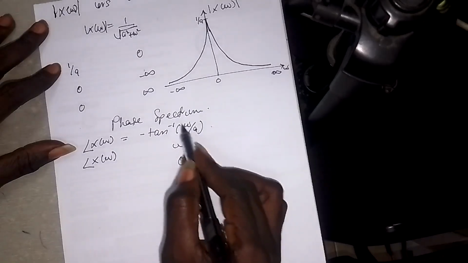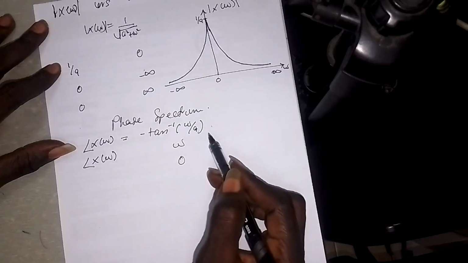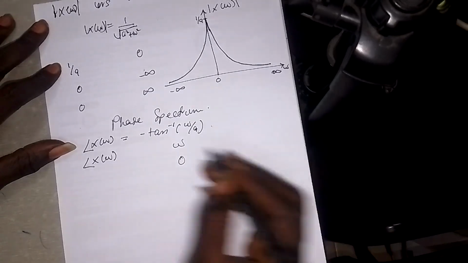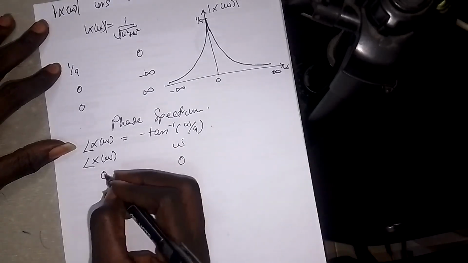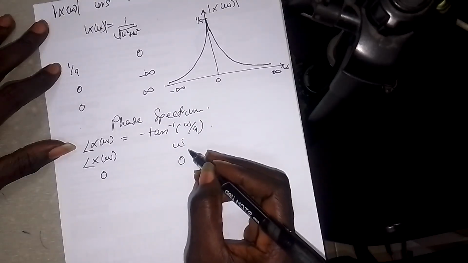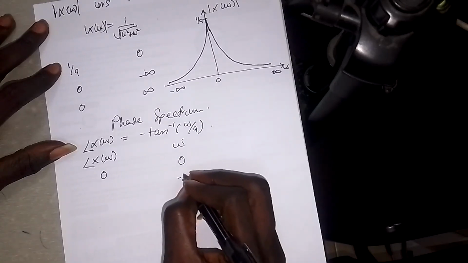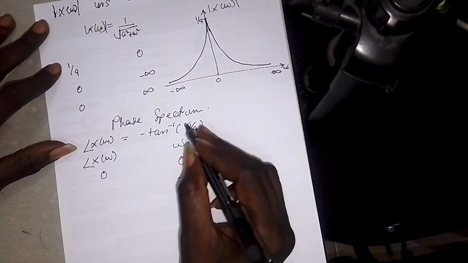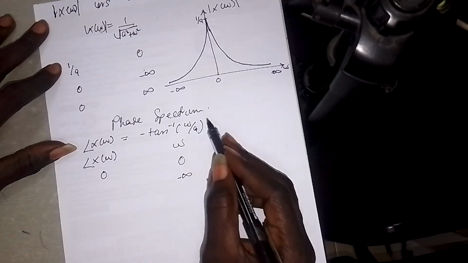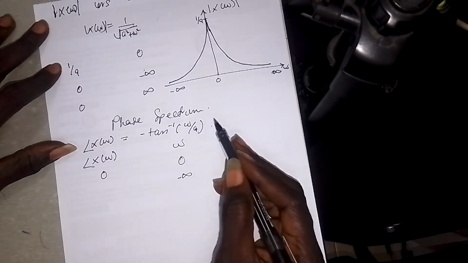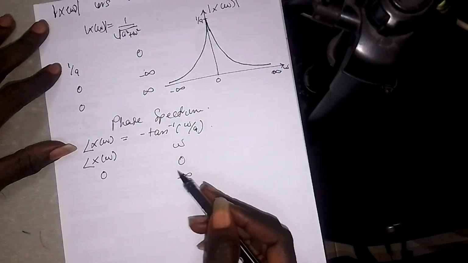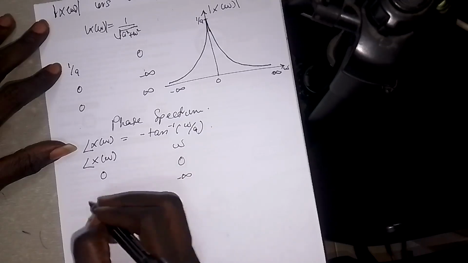Then the angle will become tan inverse of 0, and the tan inverse of 0 is 0. Now if omega is minus infinity, the tan inverse of minus infinity is minus pi on 2, but there's a minus here already, so it becomes positive pi on 2.